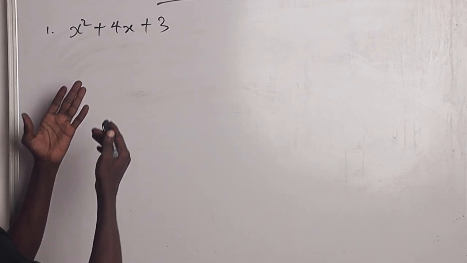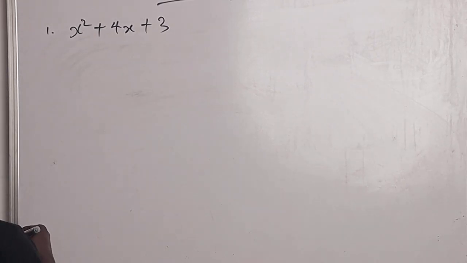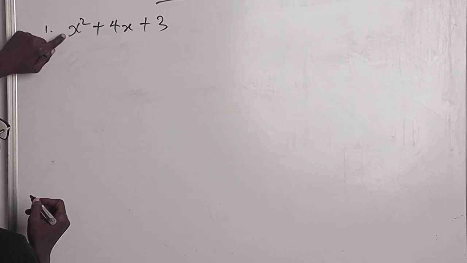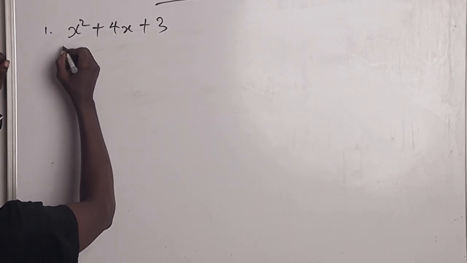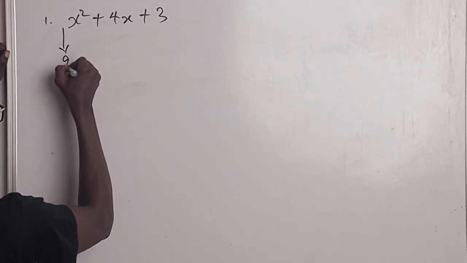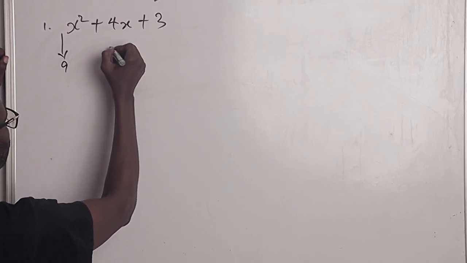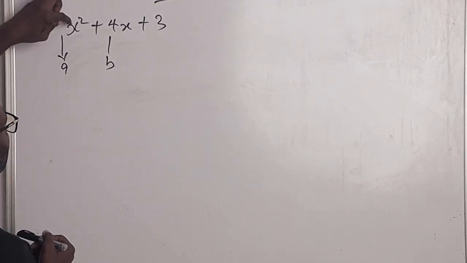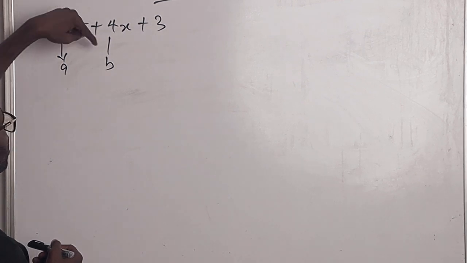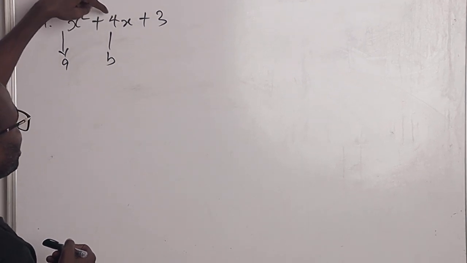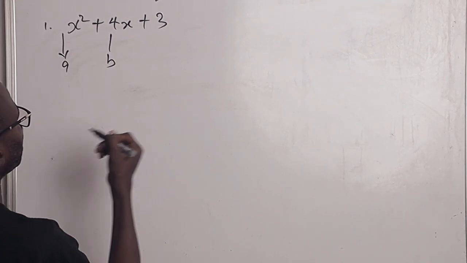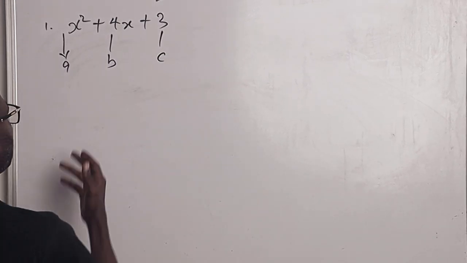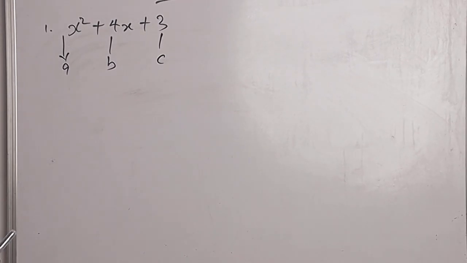Based on the introductory aspect to this equation, it is assumed that there is an invisible a here, which is equal to what? 1. So you have your a, then this 4 is your what? Is your b. The coefficient of x squared here is 1. The coefficient of x here is 4, which is your b. Then the c is your constant. Have that in mind. Once you have this in mind, then you know that the rest is easy.